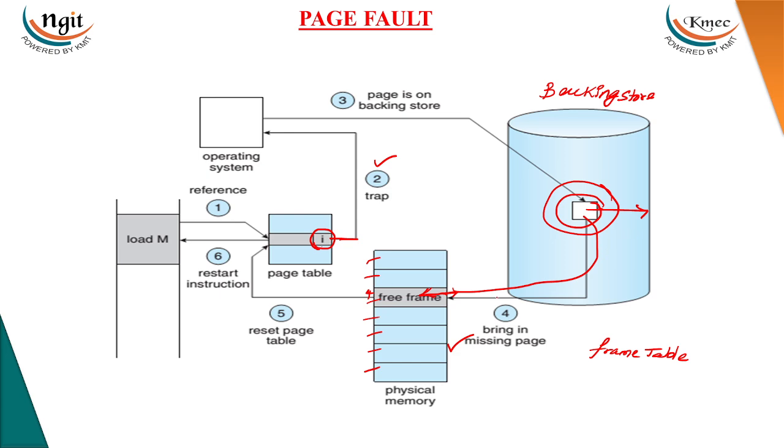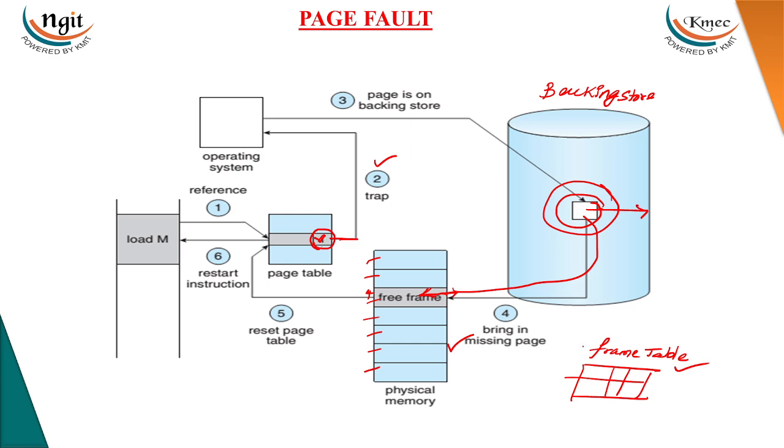Once the page is loaded into this frame, you need to change the frame table contents as well as the page table contents, so this particular page is changed from invalid to valid, and you add the page number to the frame table and the frame information to the page table.